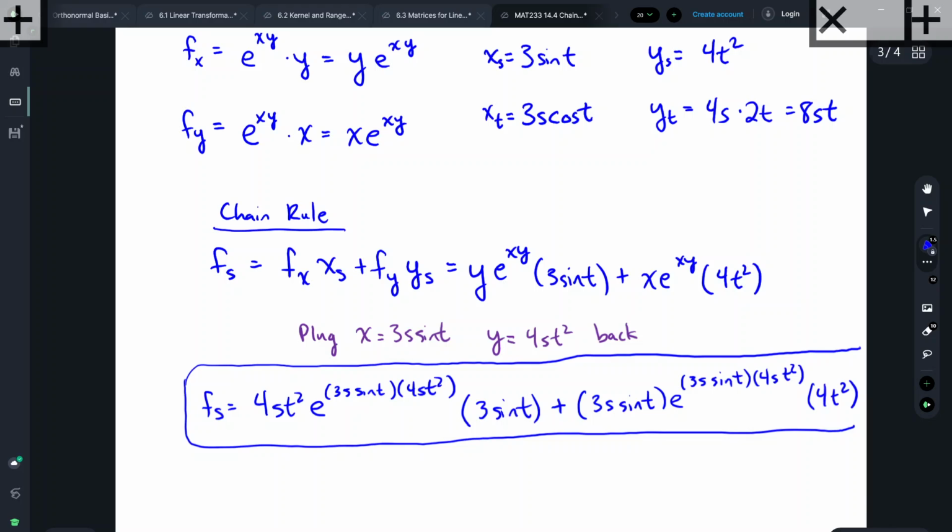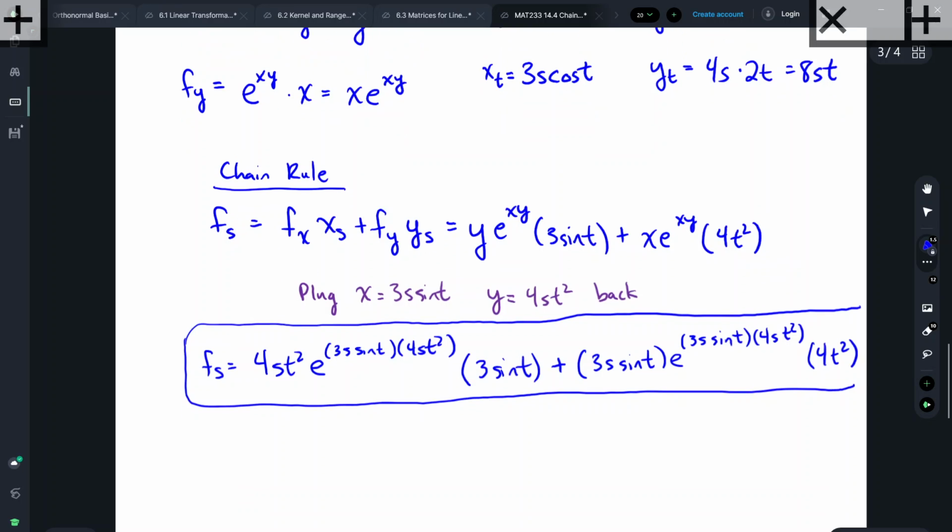Usually in the MyOpenMath homework, a lot of times you can just leave everything like this. It'll accept this as correct because it's equivalent to the correct answer. So there's not usually a need to simplify any further.